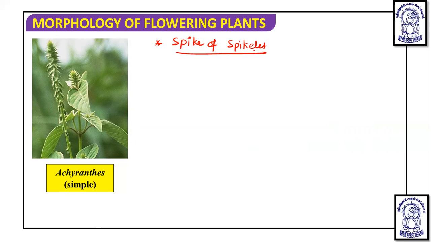The peduncle is branched, then on a branch you will see the sessile flower, and this sessile flower, when covered by two bracts, is known as a spikelet.